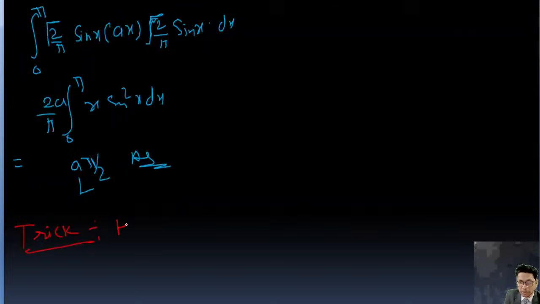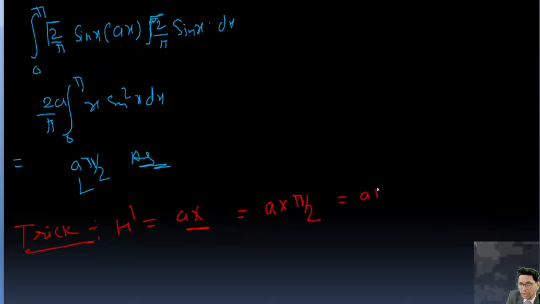If x is there in the perturbation and the power of x is 1, in that case what we do is we replace x by length by 2. The well is between 0 and pi, so the length is pi. So a into pi by 2, it is going to be a pi by 2.